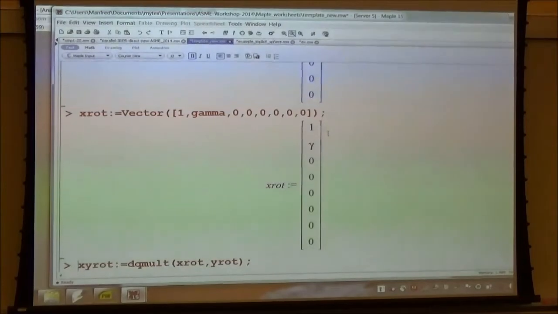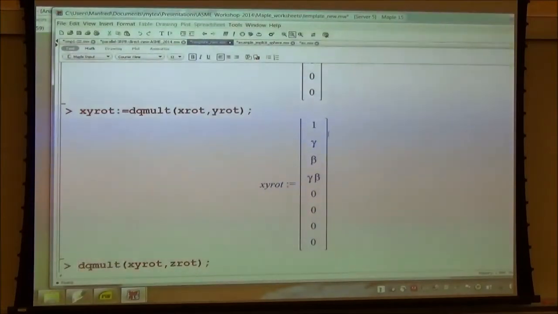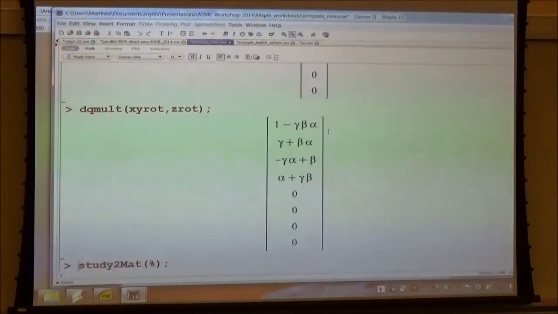Okay, I multiply at first the x rotation and the y rotation. This looks in quaternions like this. Now you see you have these parameters. And I multiply in the z rotation. And this, by the way, is the algebraic representation in dual quaternions of the Euler angles.